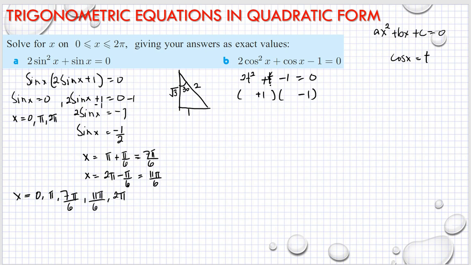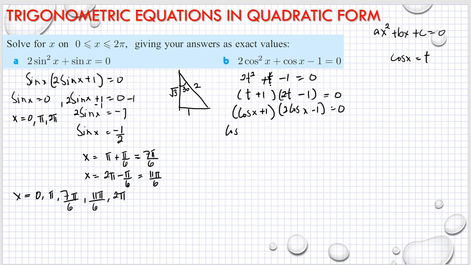That means this is 2t, and this is t, because 2t multiplied by positive 1 is 2t, and negative 1 times t is negative t, so we have positive t. That is equal to 0. That means we have cosine x plus 1 multiplied by 2 cosine x minus 1 is equal to 0.